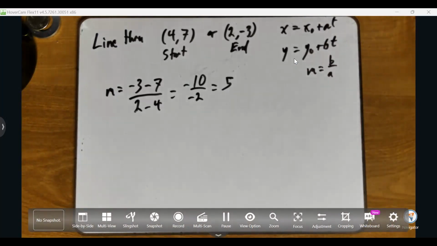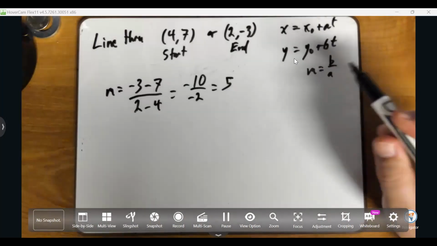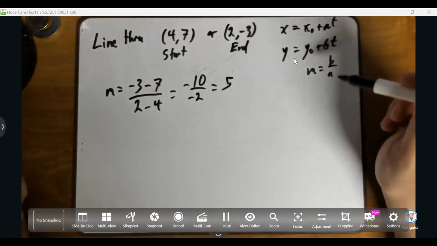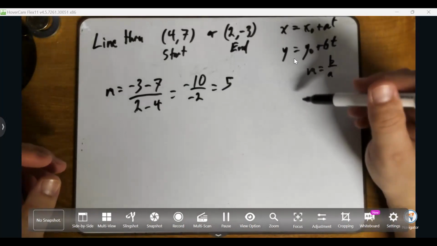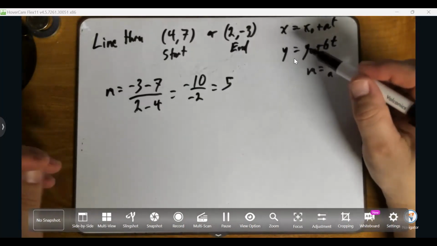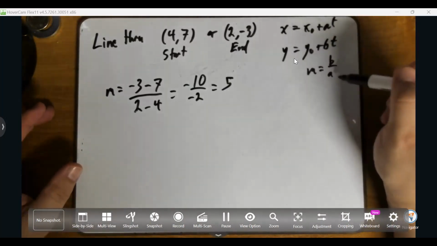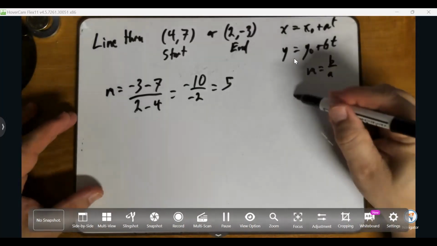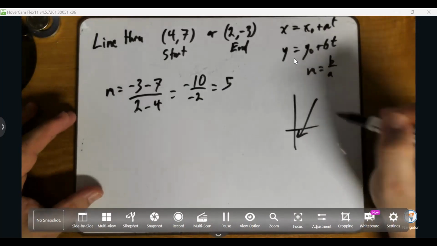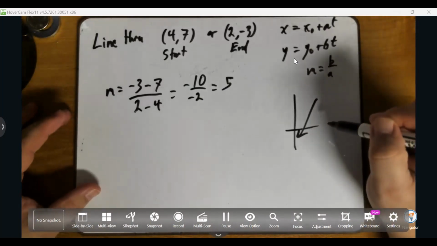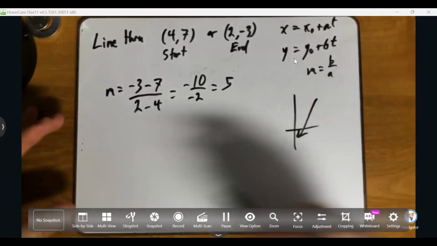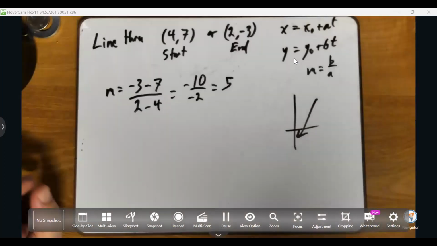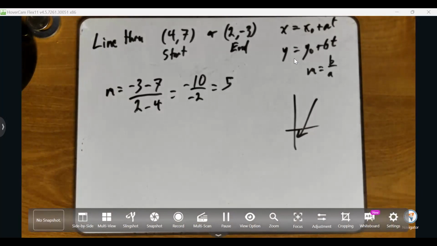One complication here is, okay, we need b over a to equal 5. But we can do that by making b and a both positive or both negative. We need our line to go this way. So let's go ahead and pick our point.